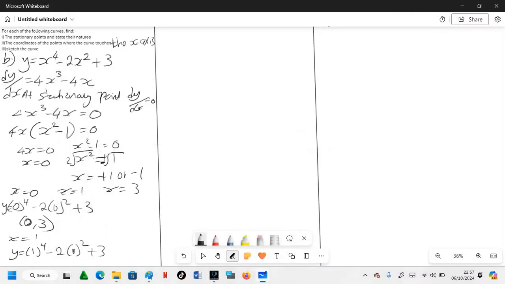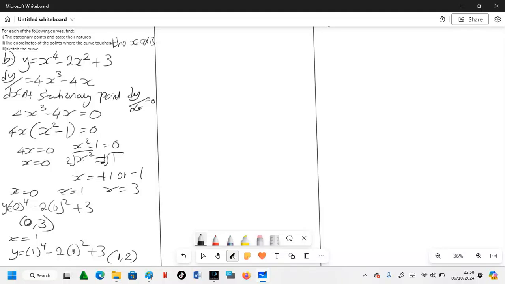So 1 to the power 4 minus 2, 1 to the power 2 plus 3, that is 1 minus 2 plus 3, and that gives us 2. So the second stationary point is 1, 2, right?